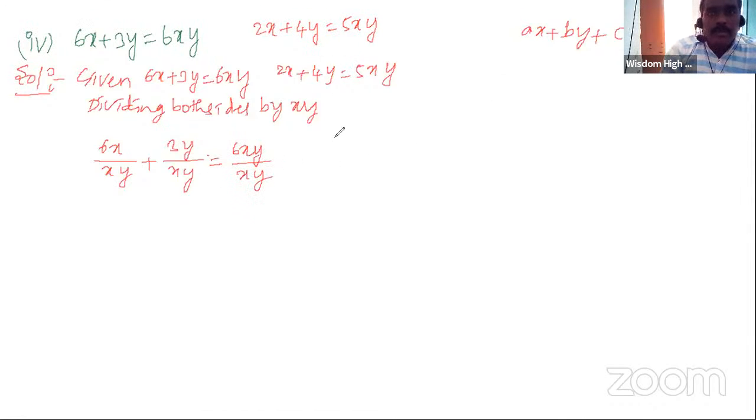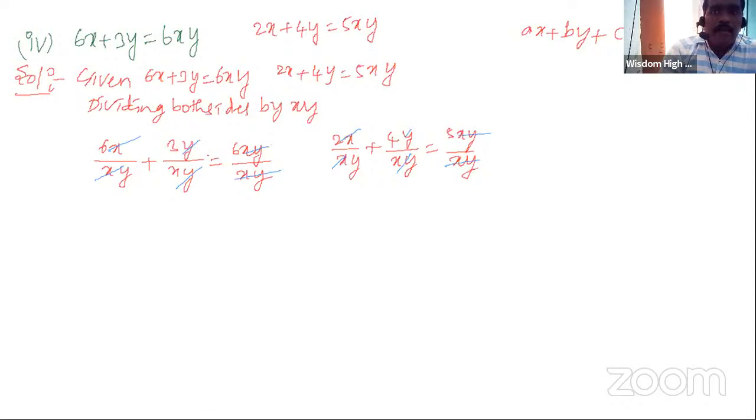Here also the same: 2x by xy plus 4y by xy is equal to 5xy by xy. Here you have to cancel: x cancelled, y cancelled, xy cancelled, x cancelled, y cancelled, xy cancelled.